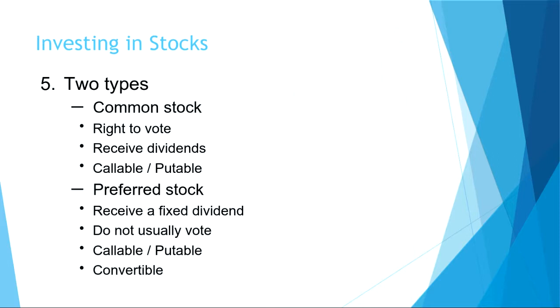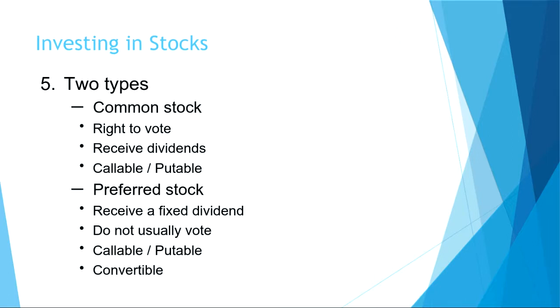Of course, the common stock owners have the right to vote for top management or some important issues related to the company, and they receive dividends based on the company's performance. This common stock can be callable or puttable.